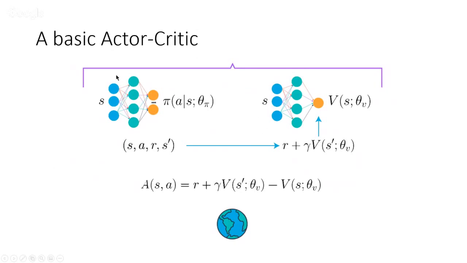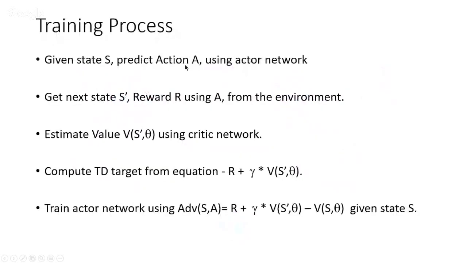So what is the process? The actor takes in a state and gives out an action, and this action then goes into the environment, and the environment gives out a reward and the next state. Now we need to compute the TD target, right? So the environment gave us the next state and reward.